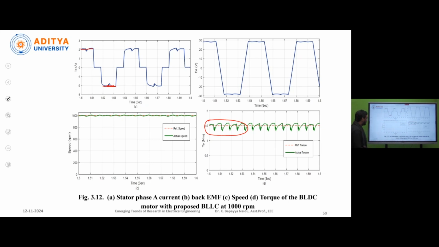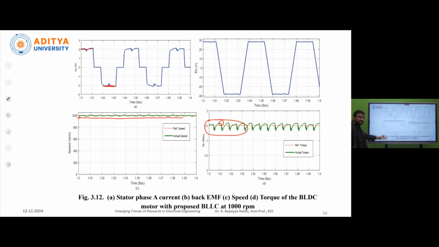And the speed of the motor also smoothens. In this case also, torque ripple is less compared to the previous PFC BLLC converter.